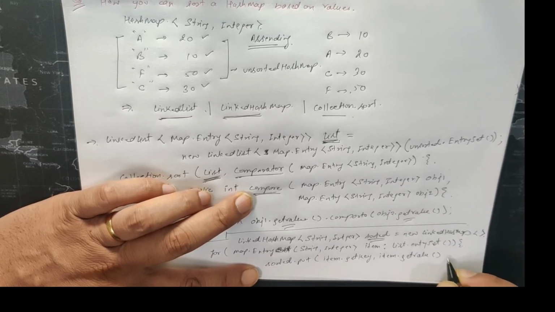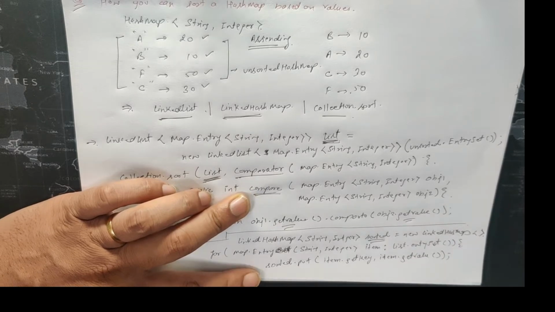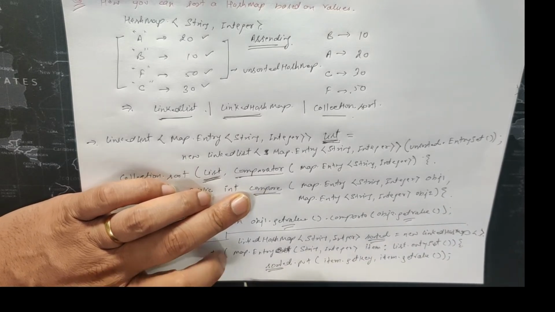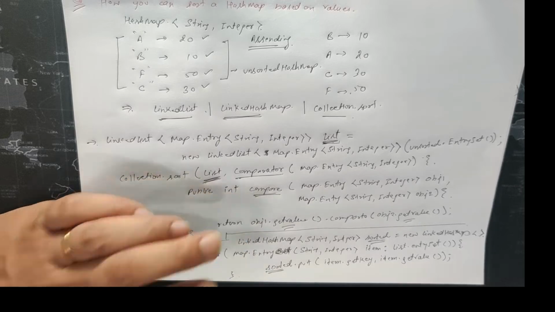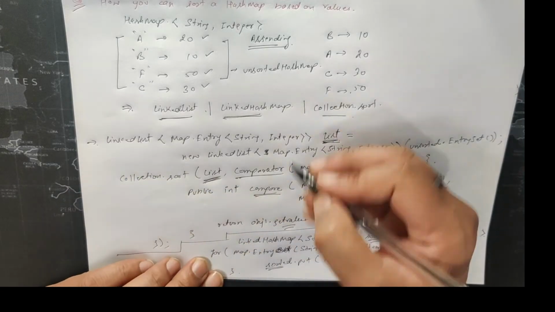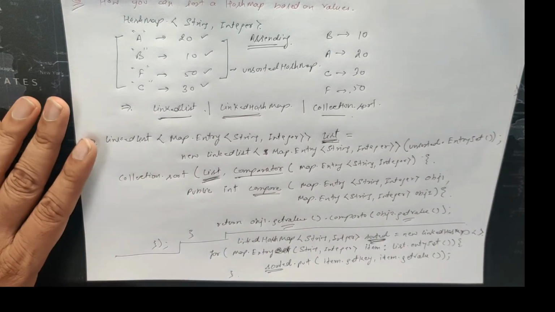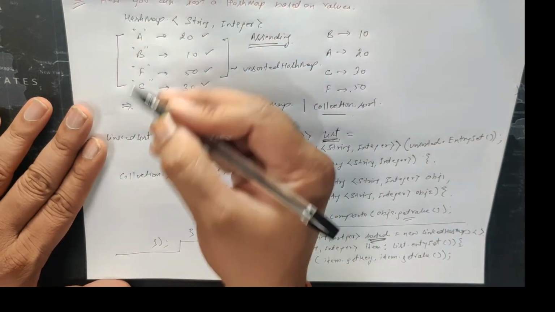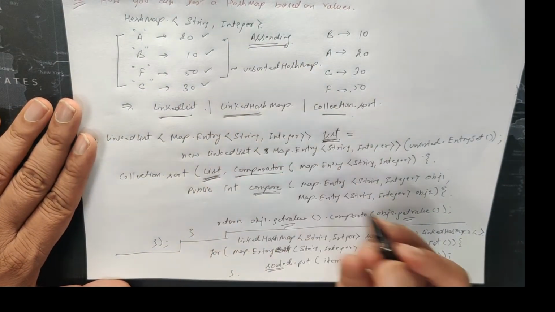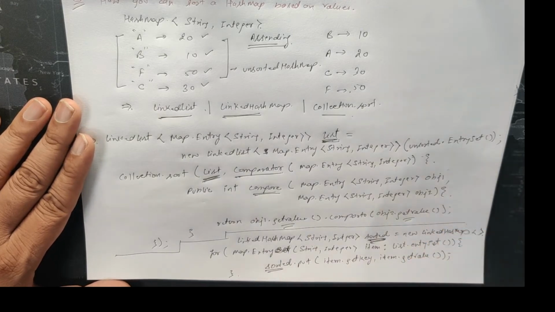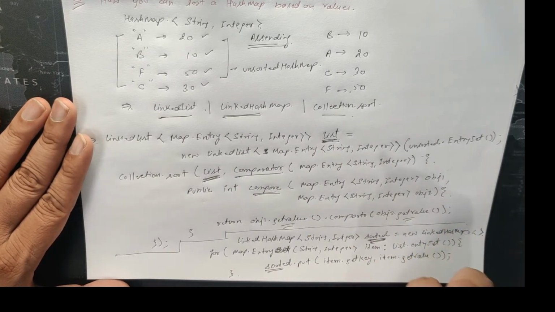Okay, so item.getValue() also we can use, and then we are just putting into the sorted map. So this is the code. So once this operation completes, right, in this sorted map you will have the map sorted based on the values. So this is the simple code to sort a hash map based on its values.